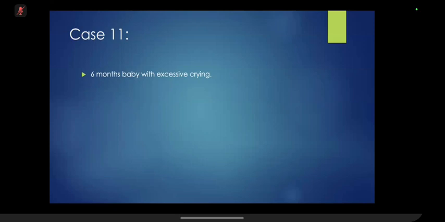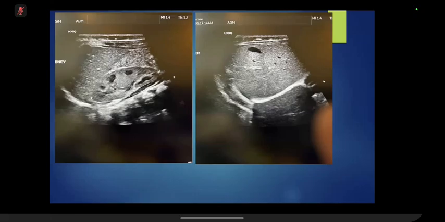I've been presented with a 6-month-old baby with excessive crying. So I've been presented with spot grayscale images of the abdomen of a 6-month-old baby with excessive crying. I can visualize that the liver appears to be normal.